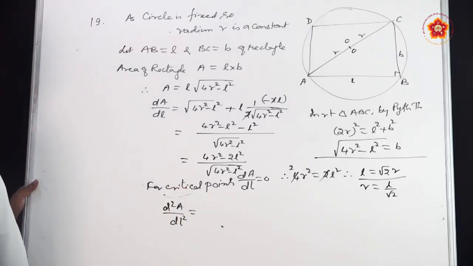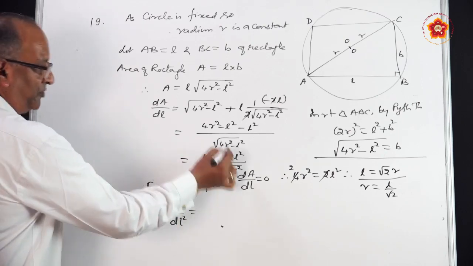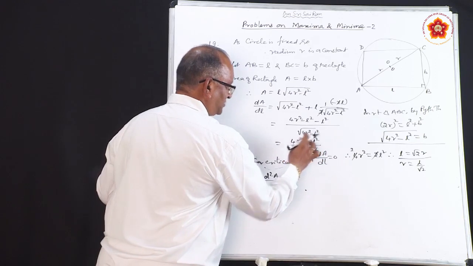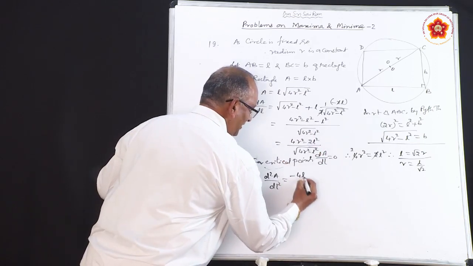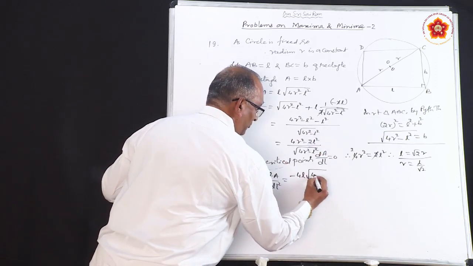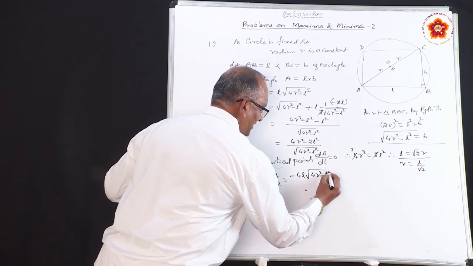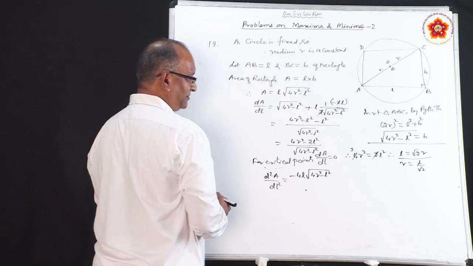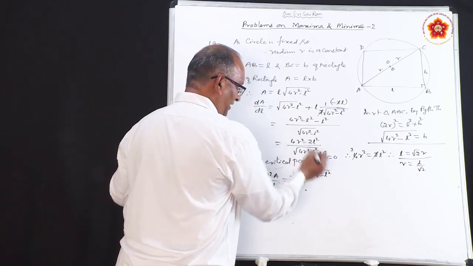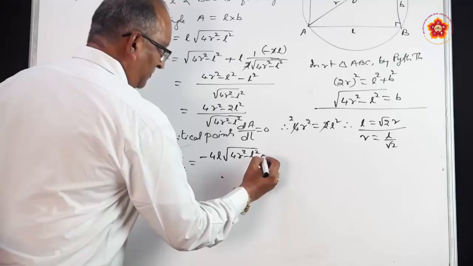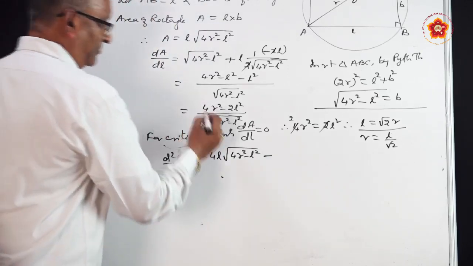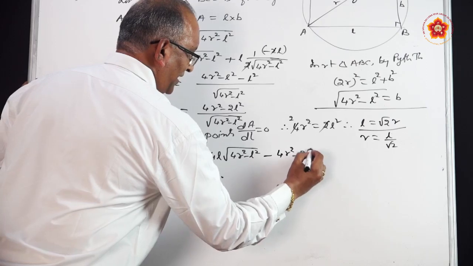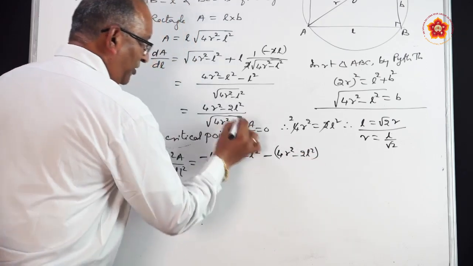How do we differentiate this? Derivative of numerator. Remember, r is a constant, so that is gone. Minus 2L square, it will become minus 4L under root of 4r square minus L square. This is the derivative of numerator, multiplied with denominator, minus numerator as it is, 4r square minus 2L square, times derivative of denominator.